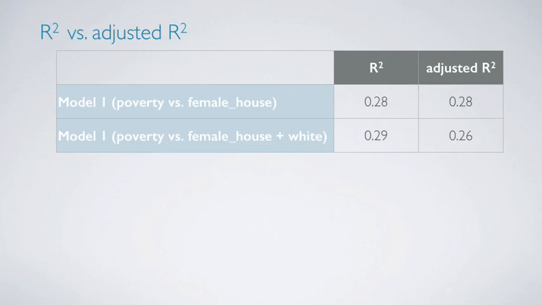However, for the second model, where we have the additional variable white, our R squared has increased to 29%, while our adjusted R squared, which applied a penalty for this additional variable, stayed at 26%. Remember, when any variable is added to the model, the R squared increases.